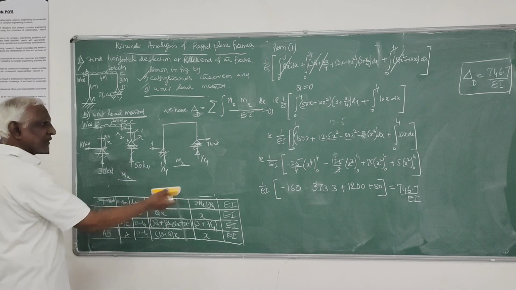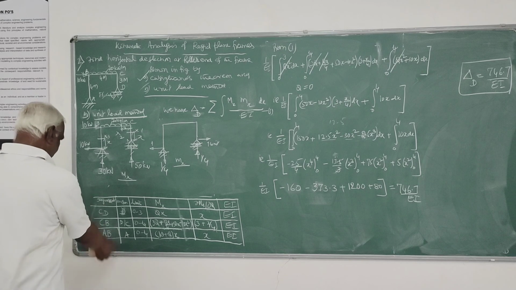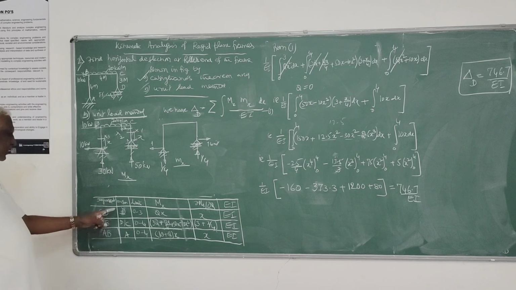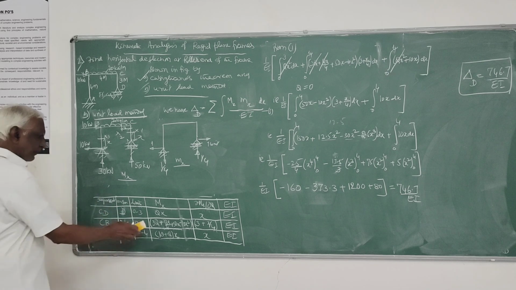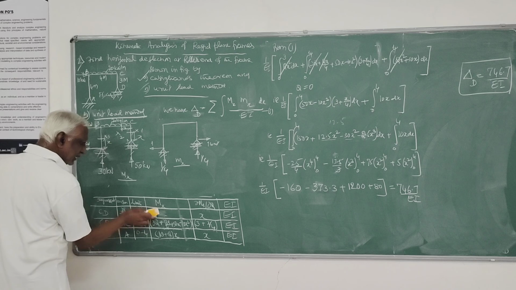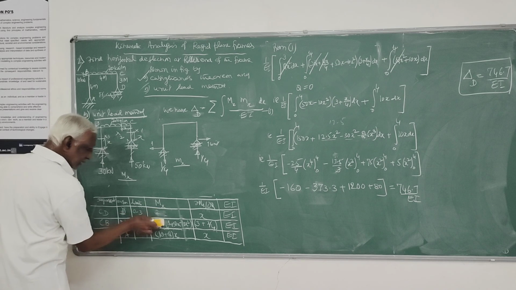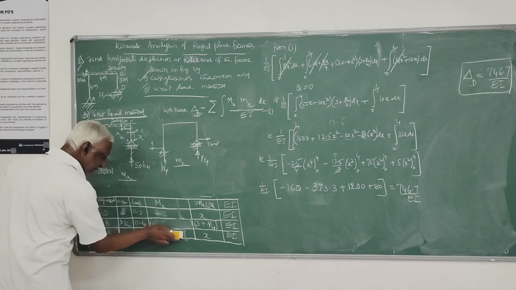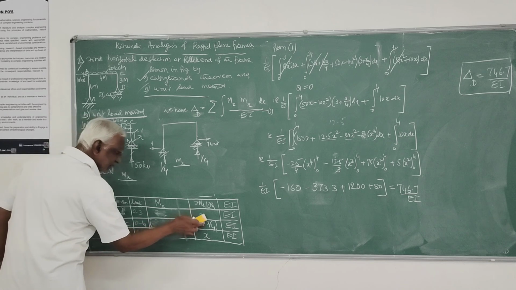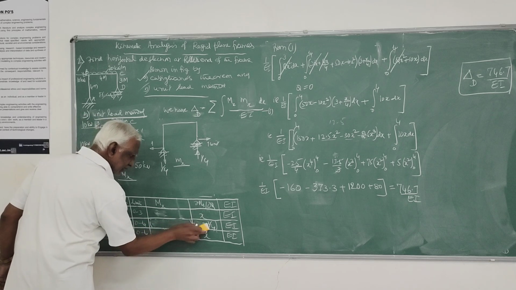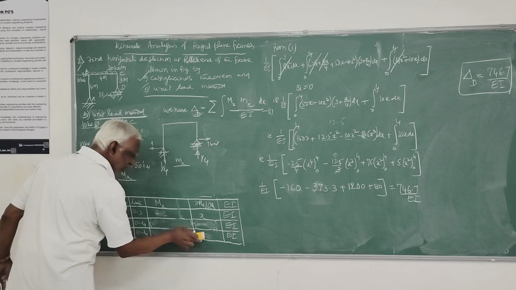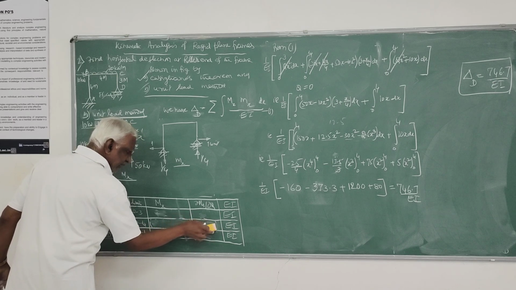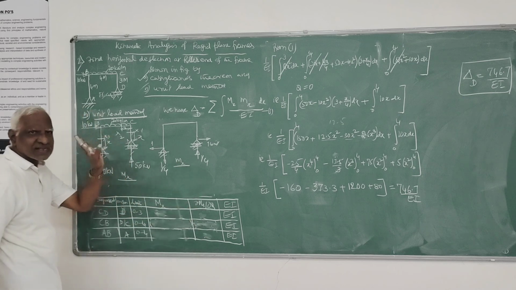Next, you prepare the table. So 3 segments. Here again, the origin. Here are the D or C. Limits are the same. Mx only will change, and small mx will change. That you can compare, due to unit load, whatever moments you are getting, whether it is same as this.